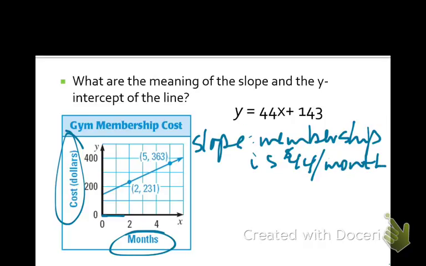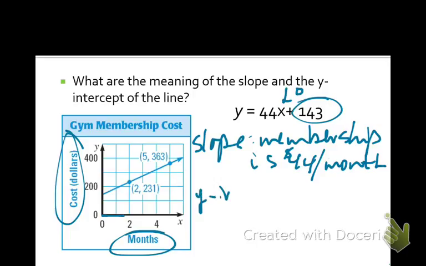Okay? Now, if I plug in 0 for x, I get y equals 143, which is the y-intercept. What's 0? If I plug in 0 for x, what am I talking about? I'm talking about if there are no months. In other words, before I'm even a member for a month, there's still going to be a cost involved because y is still cost. And so it's $143.